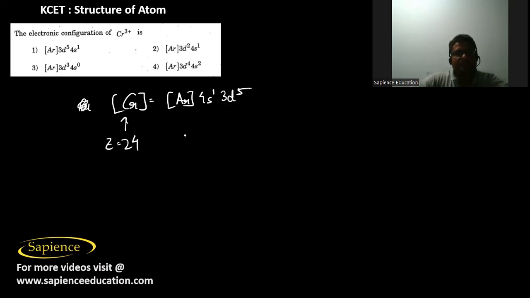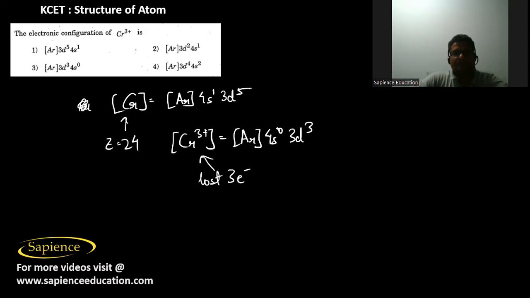So Cr3 plus has lost 3 electrons, so it will be argon 4s0 3d3. So option 3 is the correct answer.